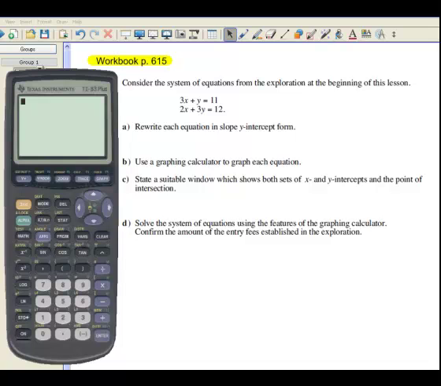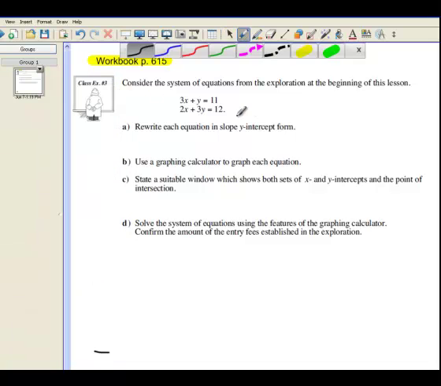To start, we need to take each of our equations and rewrite them in the form y equals mx plus b. Your calculator can only take in equations that are in the form y equals something, so we have to do this step anyway. So for this first equation, we'll write it as y equals negative 3x plus 11.